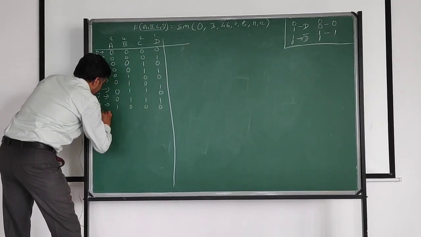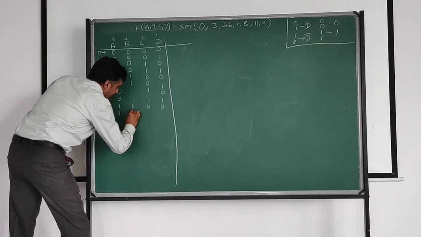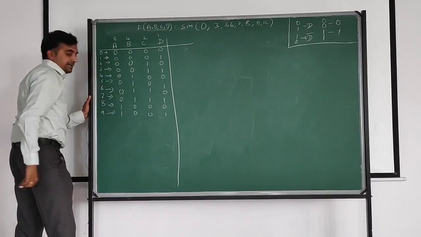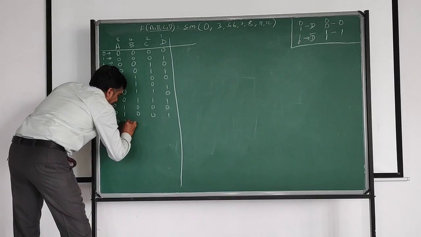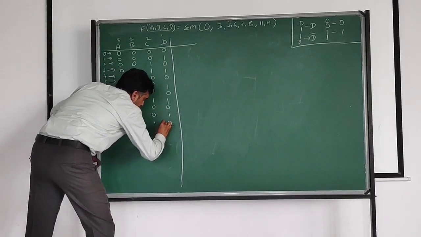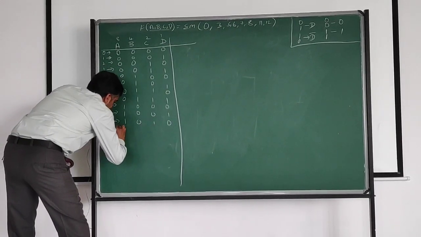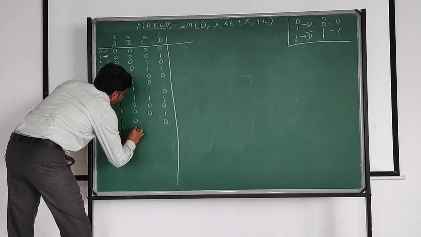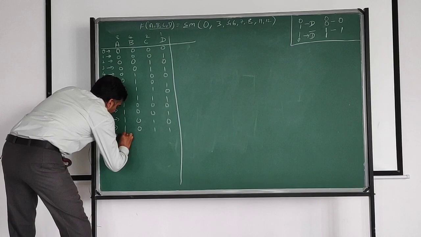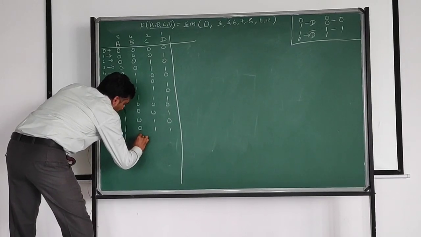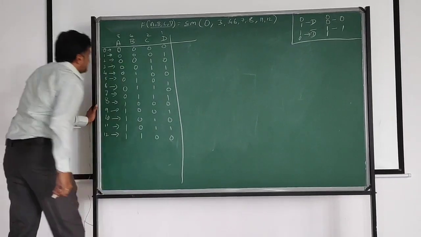Next, 9: 1, 0, 0, 1, that is 8 plus 1, 9. Next, 10: 1, 0, 1, 0. Next, 11: 1, 0, 1, 1. Next, 12: 1, 1, 0, 0.